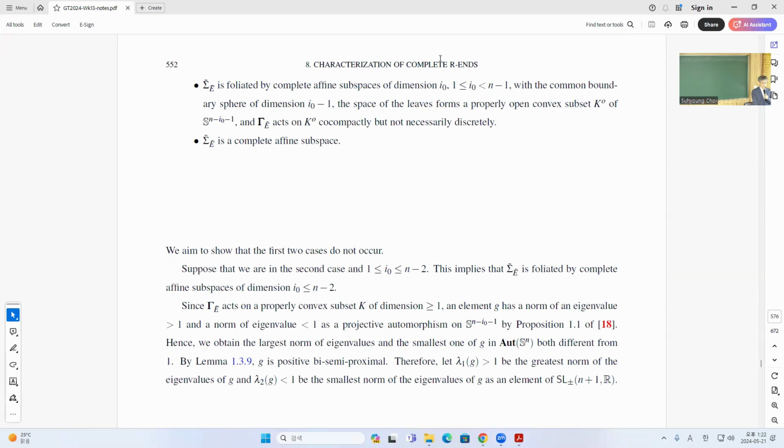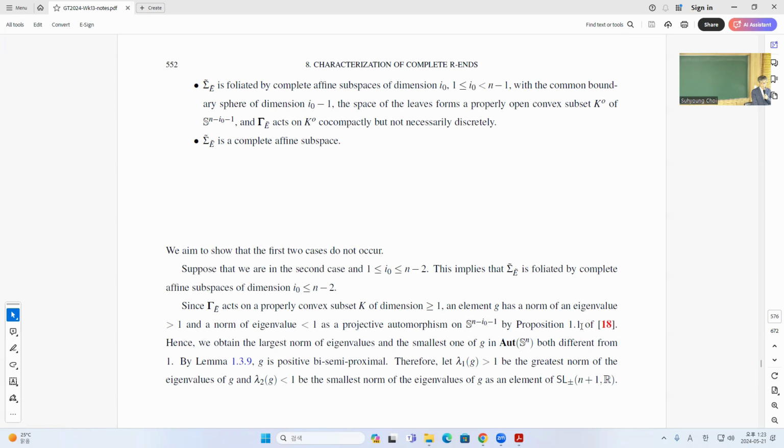So suppose we do the second case only, then it will act on some properly convex set of dimension bigger than or equal to 1, and that means that G has an eigenvalue of norm larger than 1 or less than 1, because the action is actually co-compact.